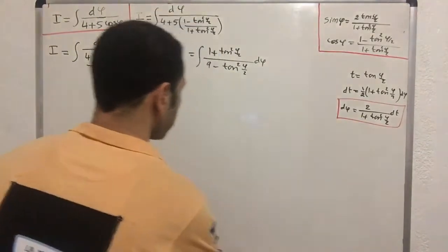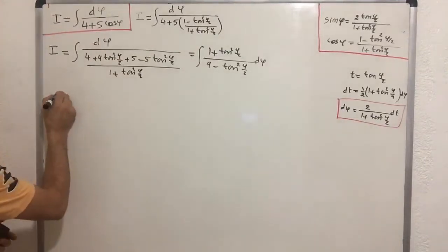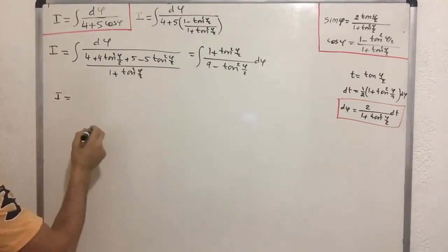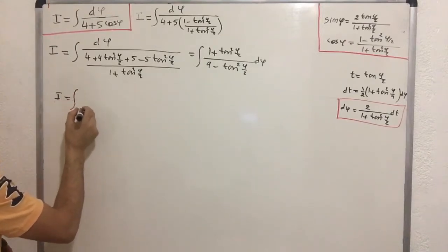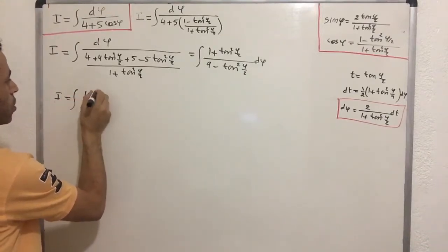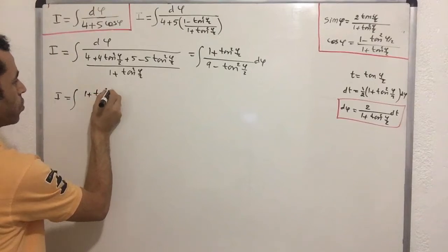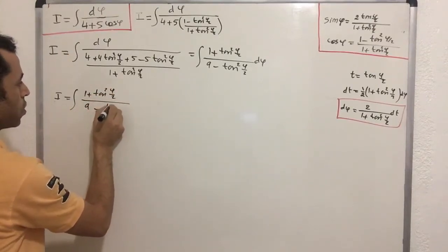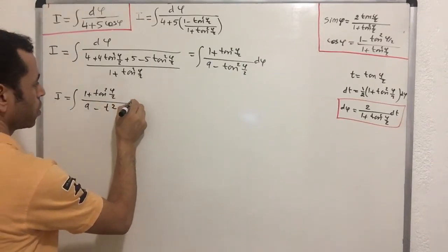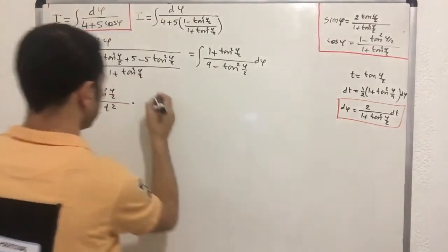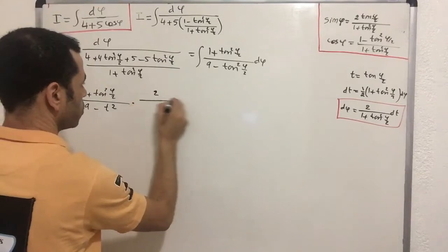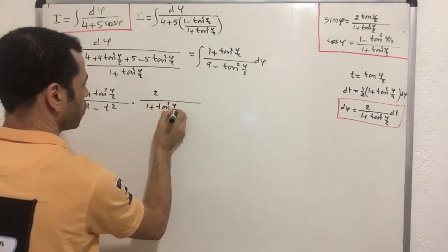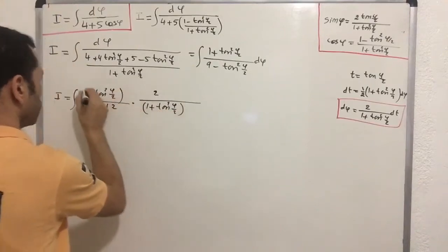So let's put this into our integral. I equals the integral of 1 plus tangent squared phi over 2 over 9 minus t squared, d phi, which is 2 times 1 plus tangent squared phi over 2, dt.